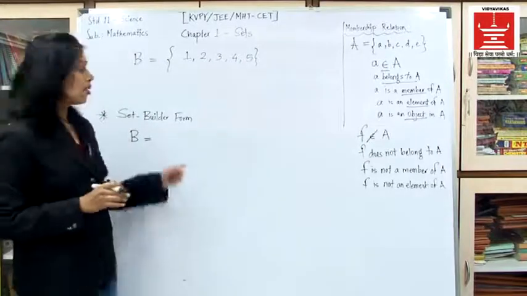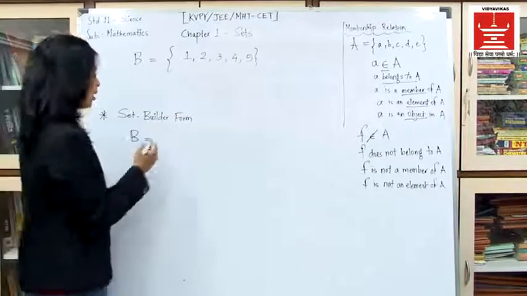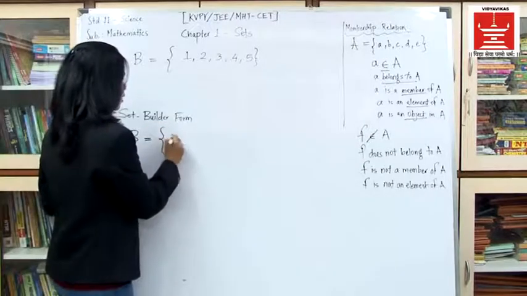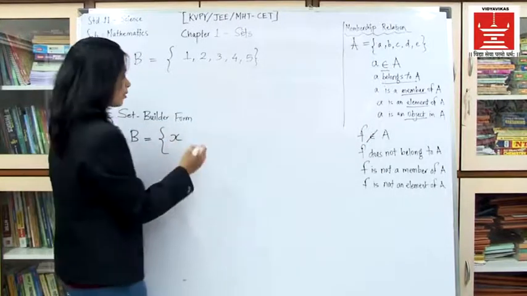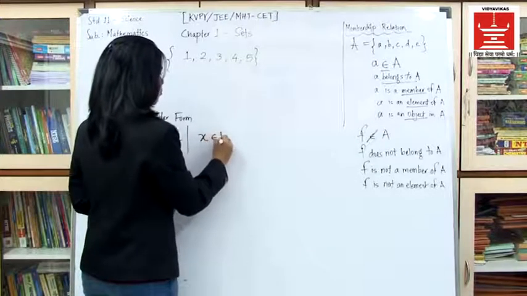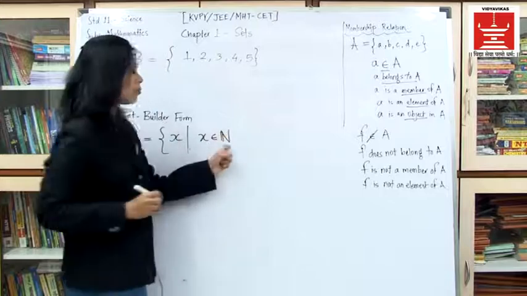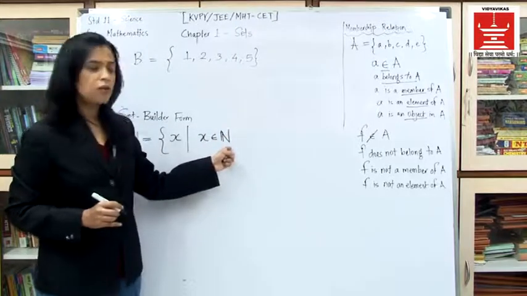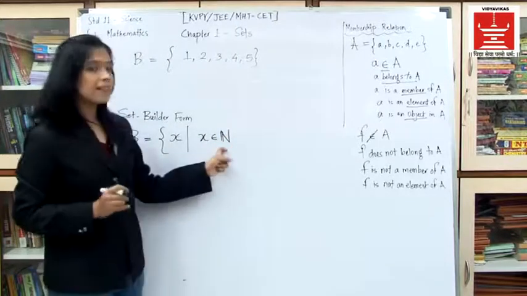The same thing in the set builder form we can write as collection of all x such that x belongs to the set of natural numbers. This is the notation for set of natural numbers, script N.